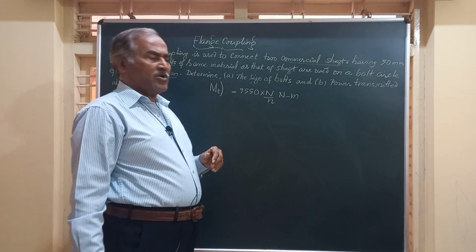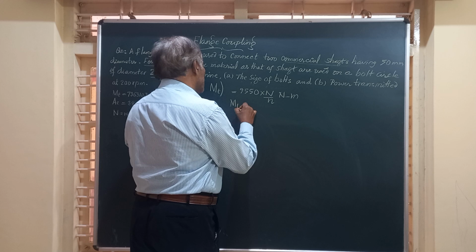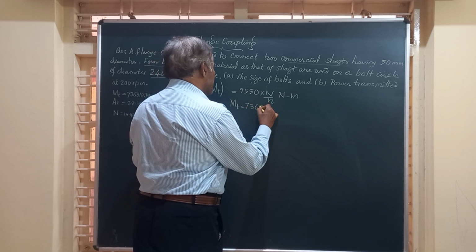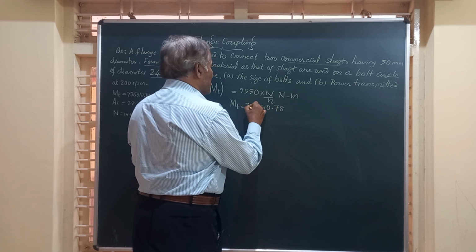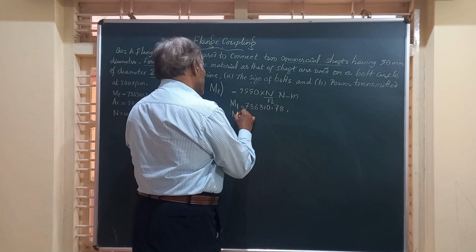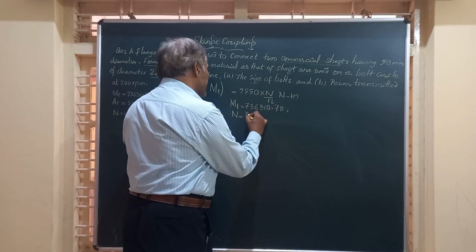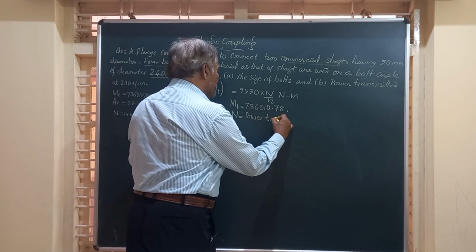This expression we have got, where the value of this MT you have already calculated as 736310.78 is the value of torque, and this capital N stands for the power transmitted, which is to be found out.